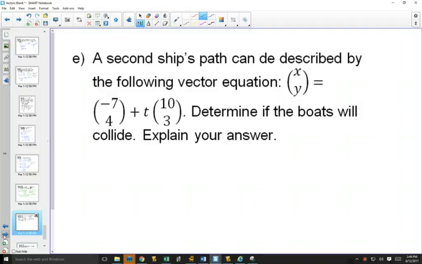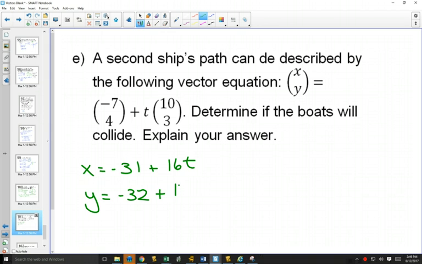So again, we can look at our parametric equations. So our first one, there's our equation from our first boat, and now our new boat, the parametric equations look like this.